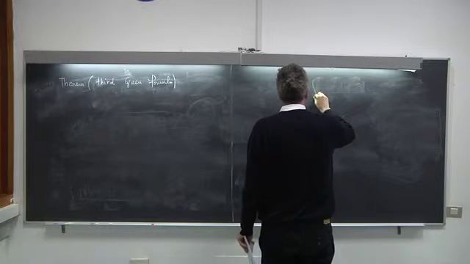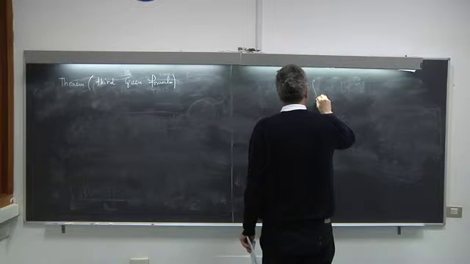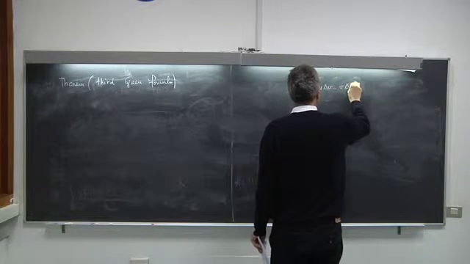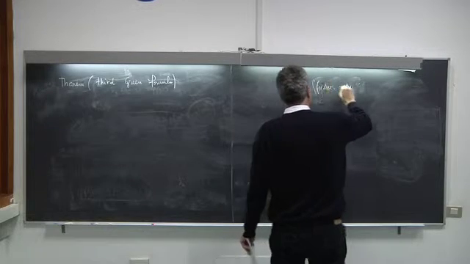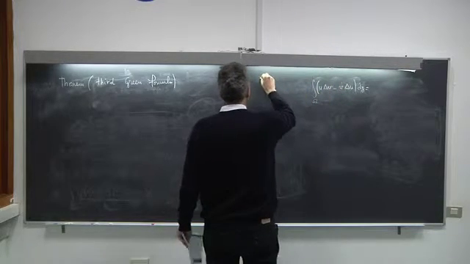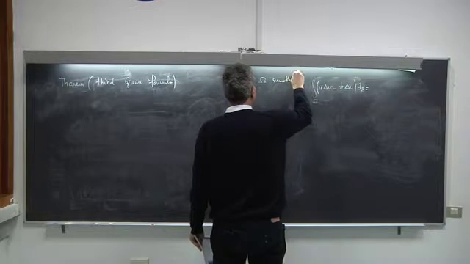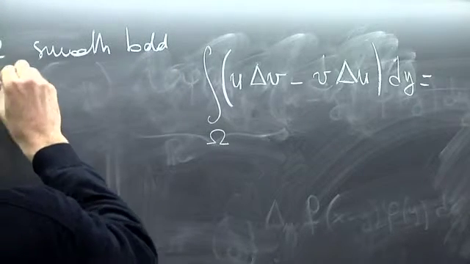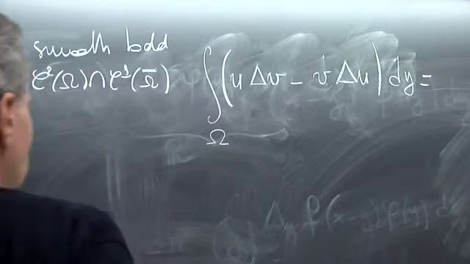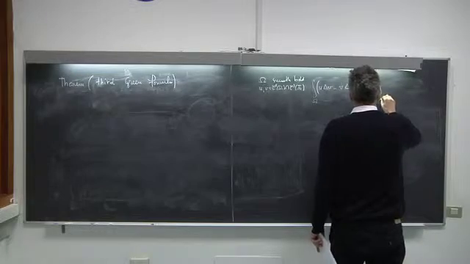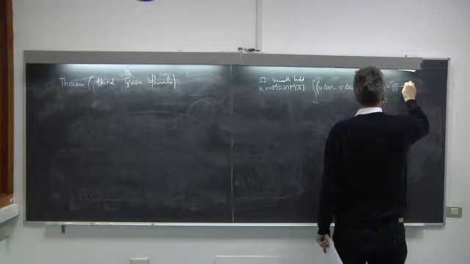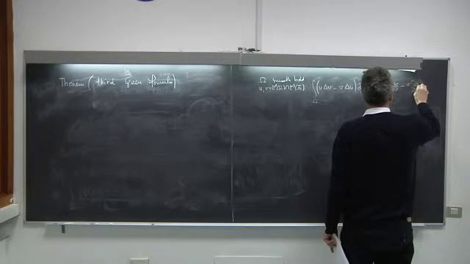Please check: the integral of u Laplace of v minus v Laplace of u dy, if omega is smooth and bounded, and if u and v are C2 intersection C1 of omega bar, we have this kind of formula here, u dv over d nu minus v du over d nu.